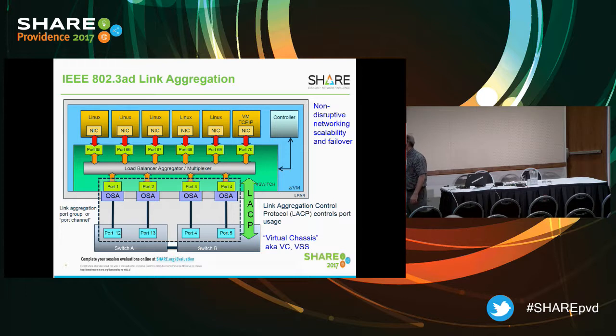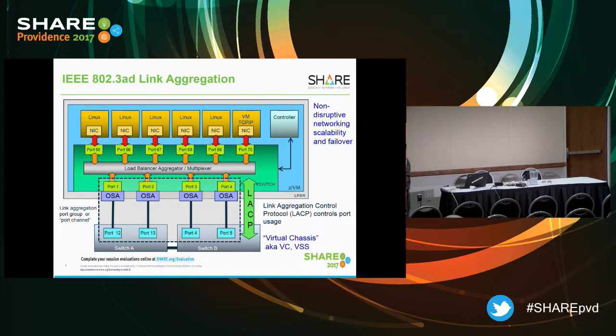Virtual chassis, or VC, is probably the most common name for it. What it does is let me take two physical switches. They're trunked together, there's a trunk between them, and they themselves are sharing state with regards to the status of this.